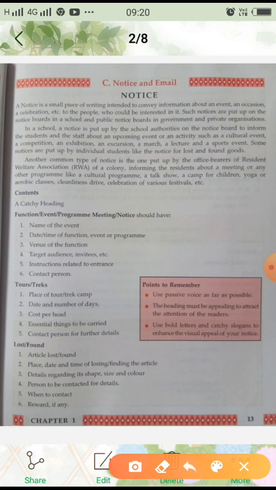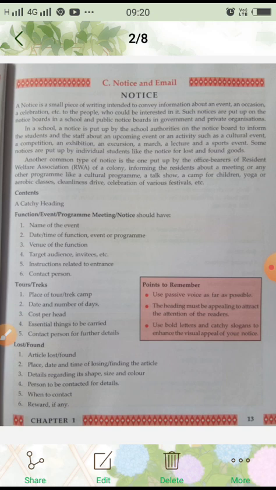A notice is a small piece of writing intended to convey information about an event, an occasion, a celebration, etc. to the people who could be interested in it. Such notices are put up on the notice boards in a school and public notice boards in government and private organizations. So, what is given about notice, that what is the benefit of notice and what is actually a notice.